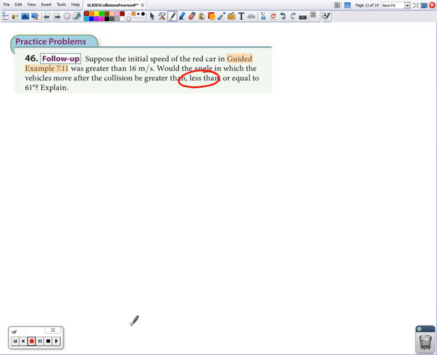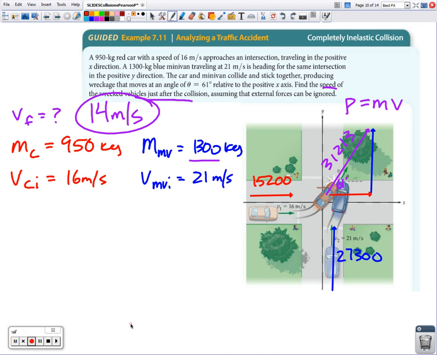Going back to this picture, if the speed of the red car is greater, that increases this side of the triangle. And if we make one side of this triangle longer, that brings the angle down, and that would be less than 61. Good there?